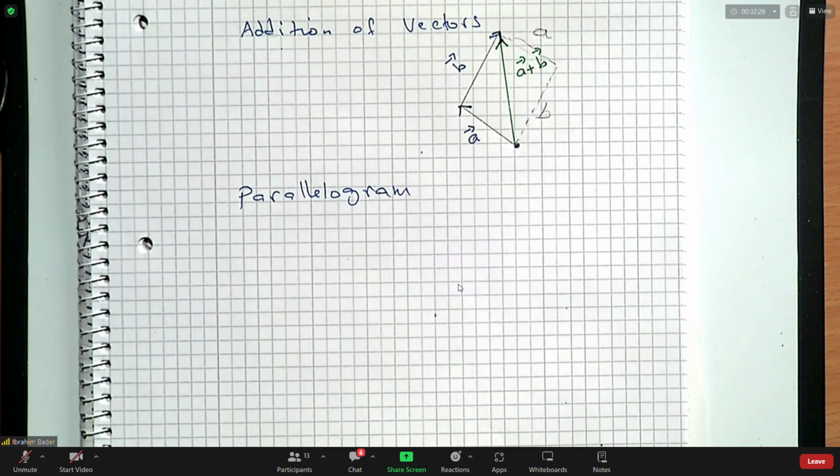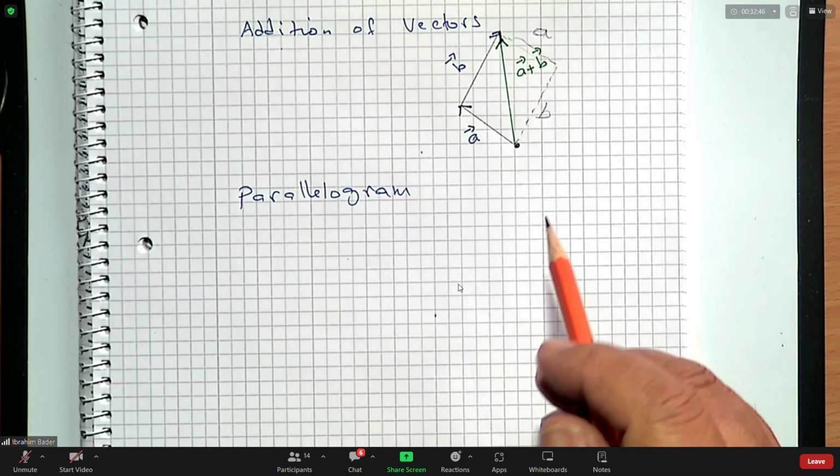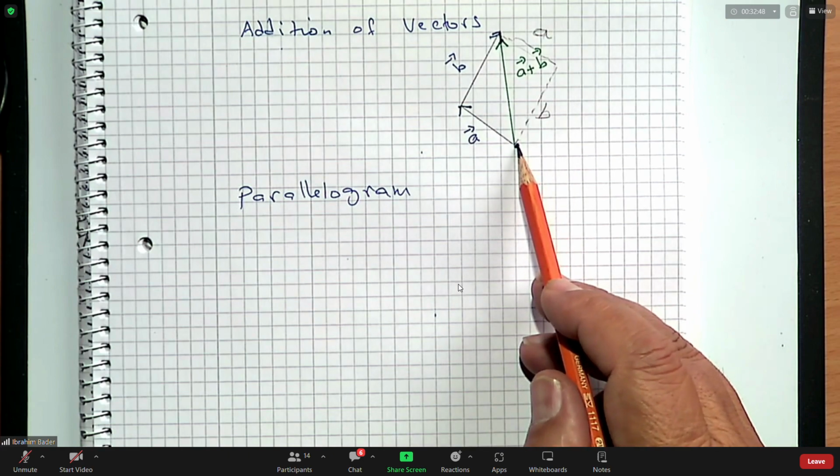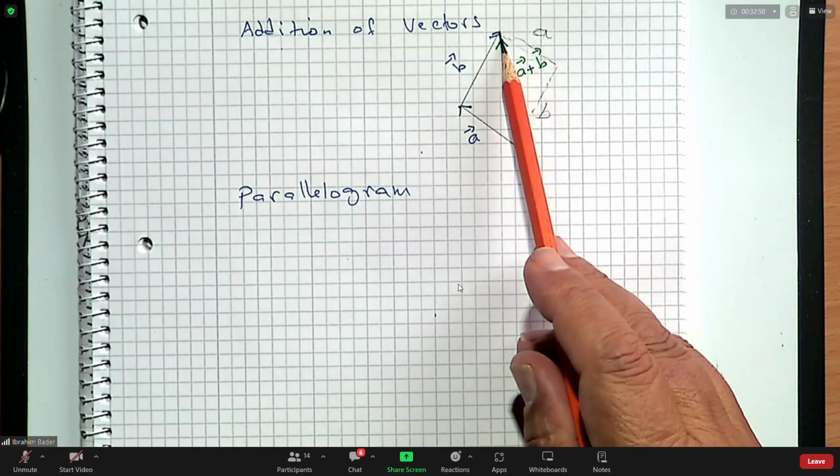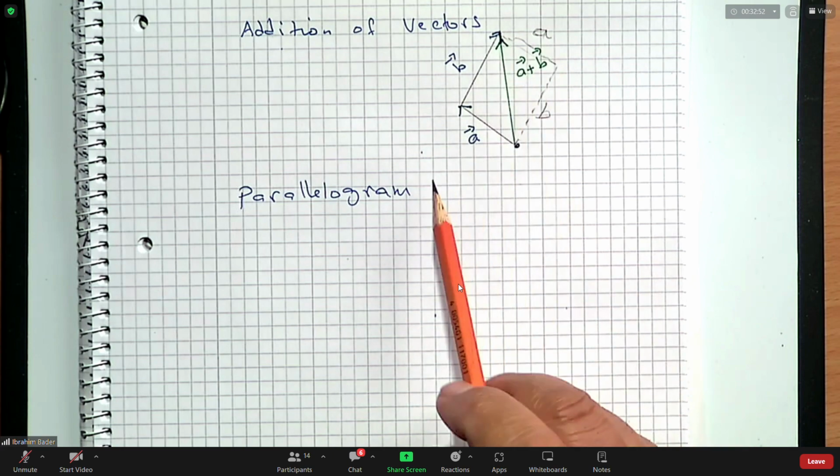So if you have two vectors, you can span a parallelogram by these vectors, where A plus B is the vector connecting the tail of the first one with the head of the second one directly.